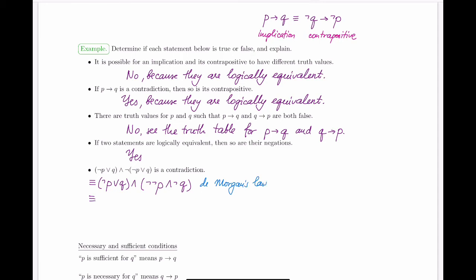Next, I can see that not not P is going to be simplified by the double negation law. So I can rewrite this as P and not Q using the double negation law.